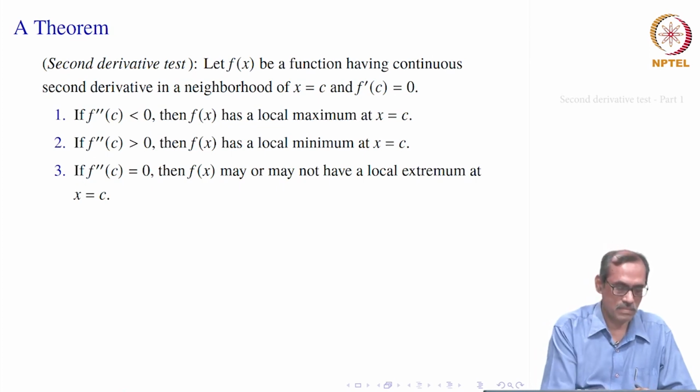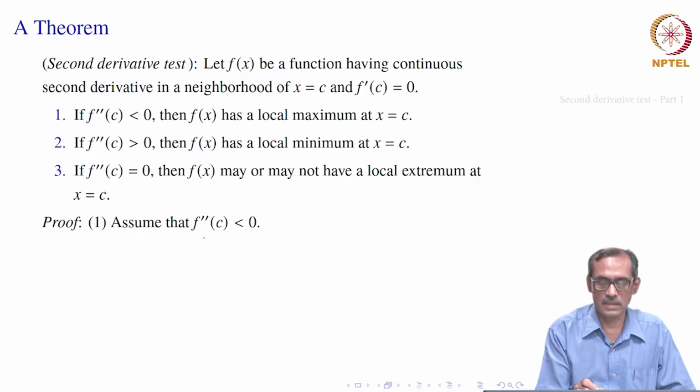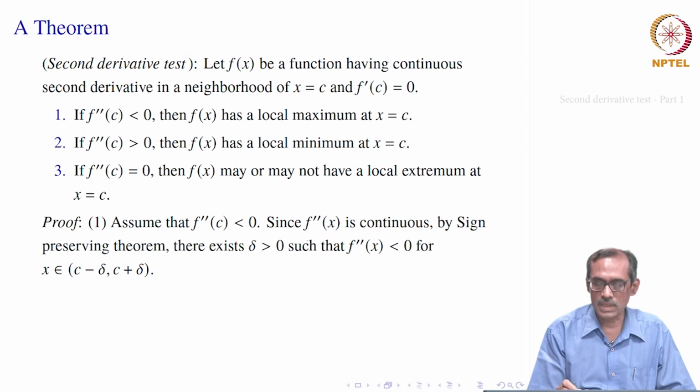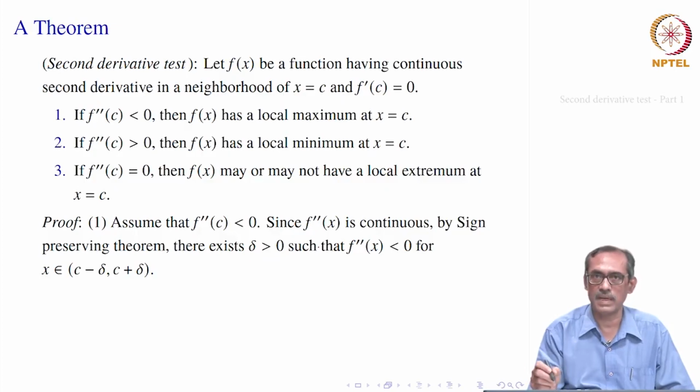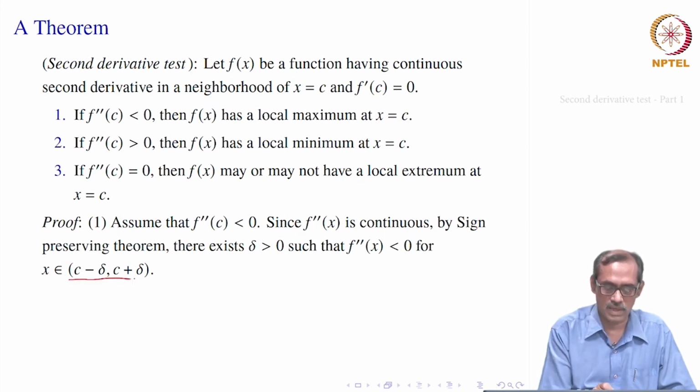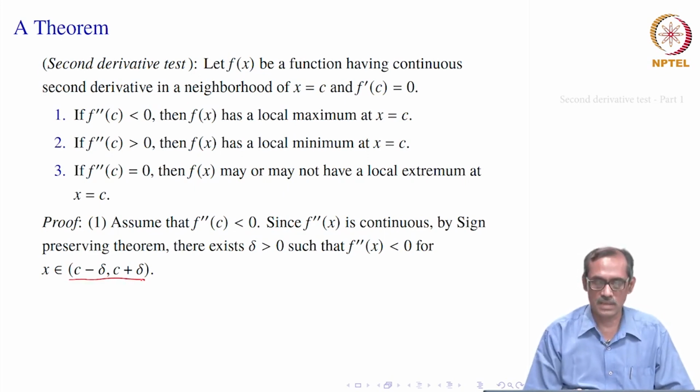Let us assume the condition in 1, that is f double prime of c is negative. We know that f double prime is continuous in a neighborhood of c. So, since f double prime of x is continuous, there is a neighborhood of c, maybe smaller or larger than the earlier neighborhood, that is c minus delta to c plus delta, such that f double prime of x preserves its sign.